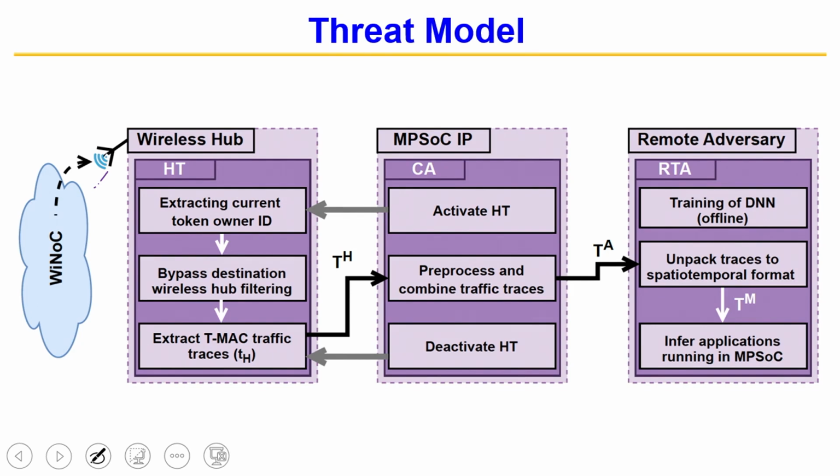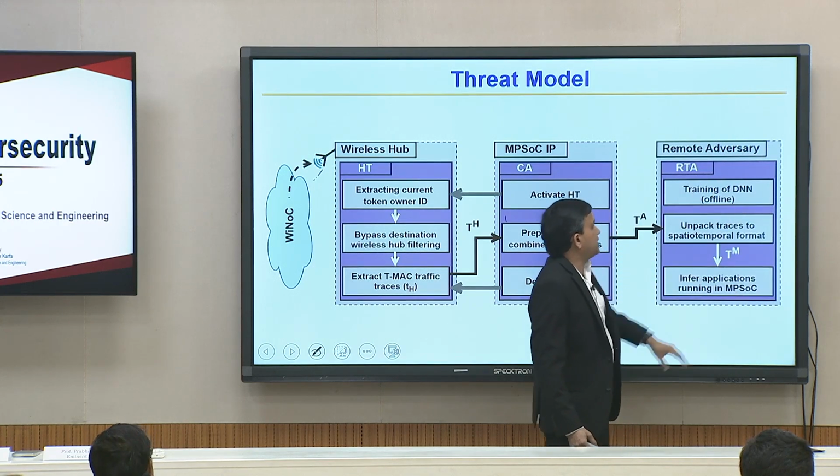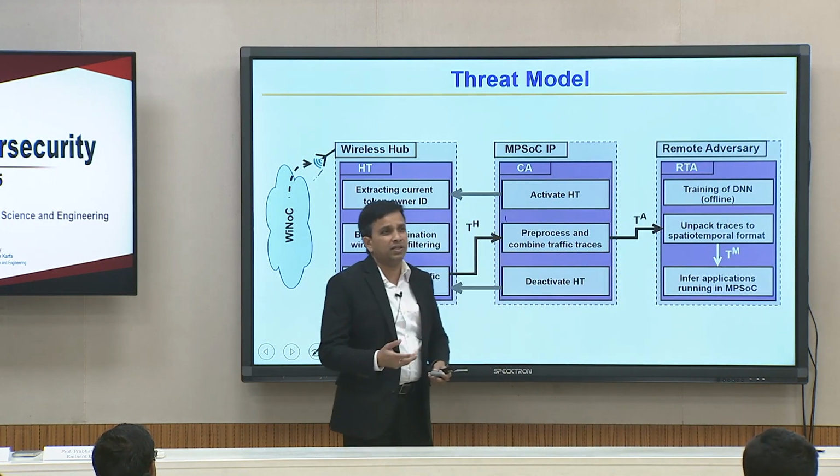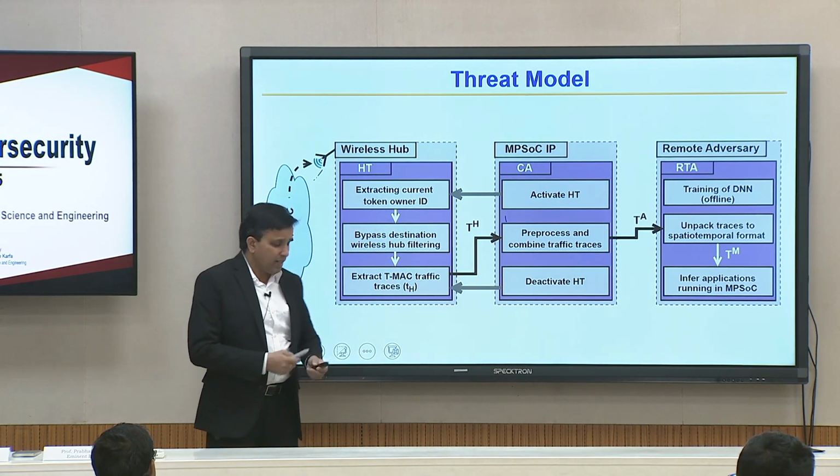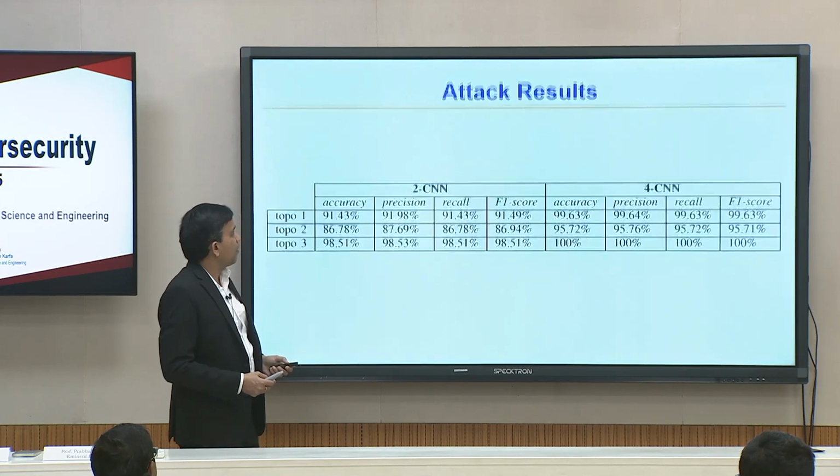Based on certain observations or a trigger condition, it activates the HT, pre-processes and combines traffic traces, and then deactivates the HT, because if it keeps itself activated, everybody else is listening and might be able to figure it out. Then it sends the traces to another adversarial node, which will infer from them. Wherever you are sending, if you are an attacker, you have already pre-trained the model for your attack and you are making use of it.